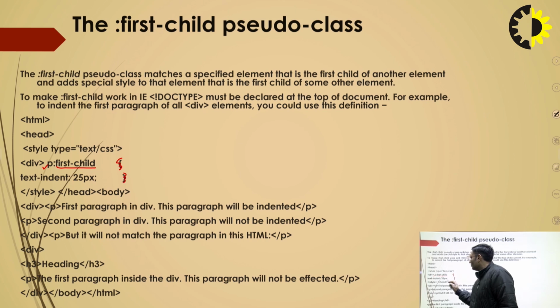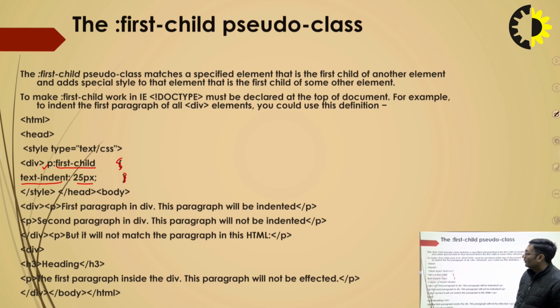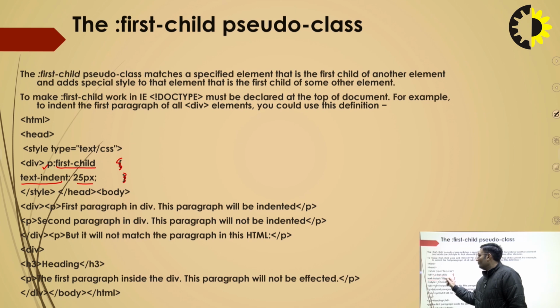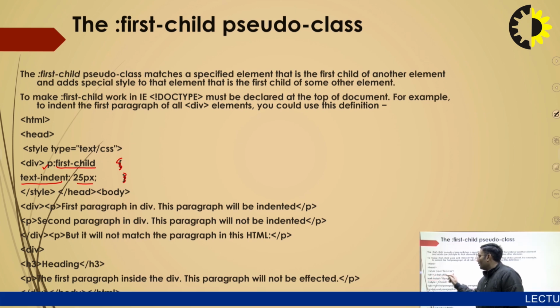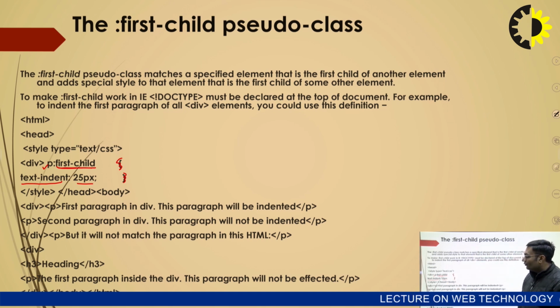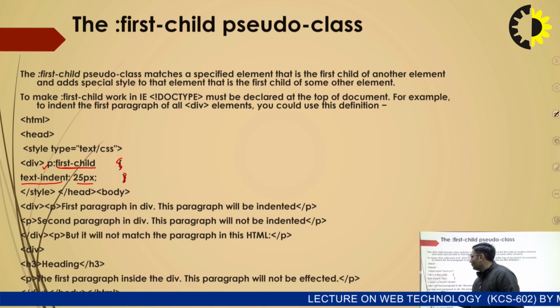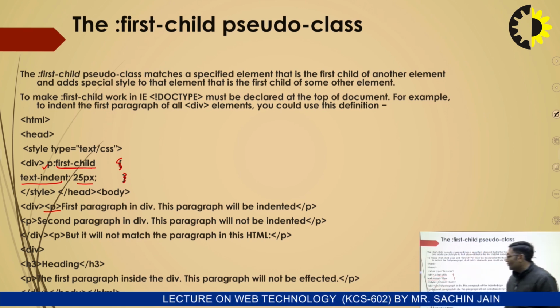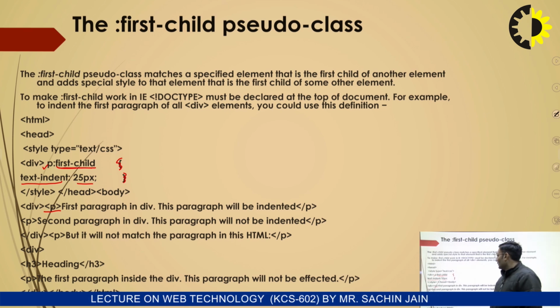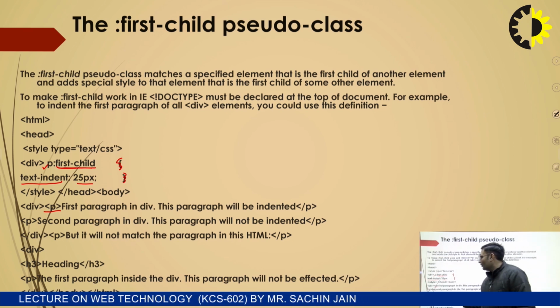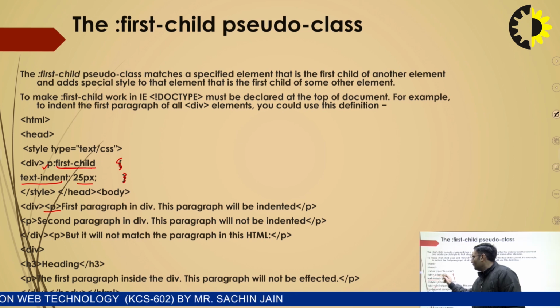So text-indent 25 pixels will be applied on the first child of this paragraph. So what is the first child of this paragraph? The paragraph tag is written inside this, and the first child that will be changed based on this property value will be this.